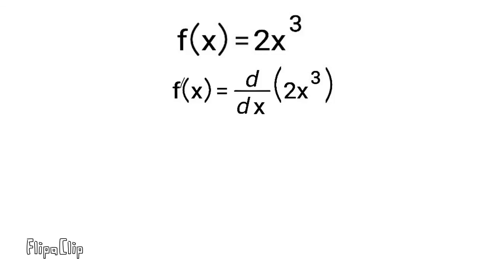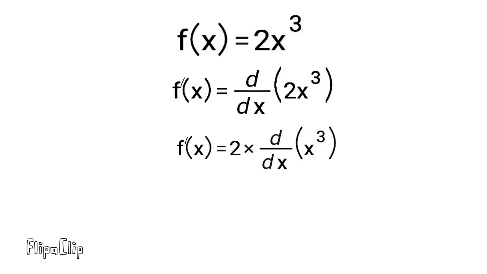For example, we have f of x is equal to 2x cubed. We have to find the derivative of 2x cubed, so f prime of x is equal to the derivative of 2x cubed. Next step, f prime of x is equal to 2 times the derivative of x cubed, because 2 is a constant.